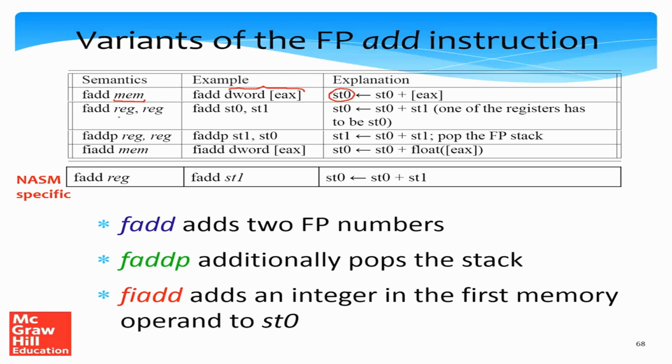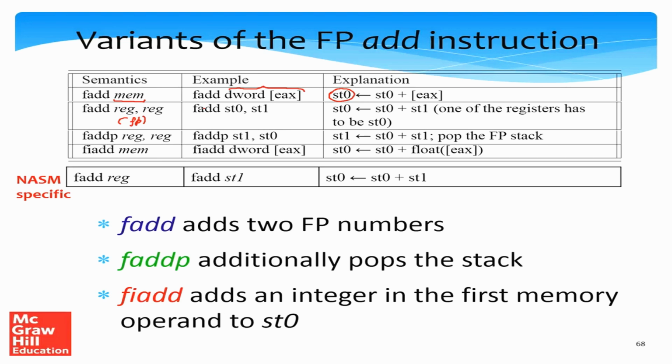The other form is where the instruction takes two registers, two floating point registers to be specific, as the operands, and the form is exactly similar to the integer add instruction. The only caveat here is that one of the registers has to be ST0.